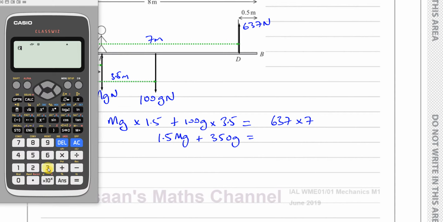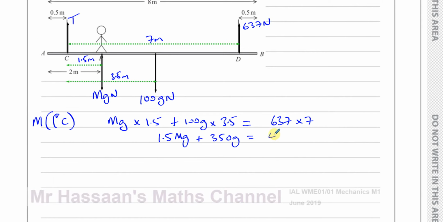So 637 multiplied by 7 gives us 4,459. Now I need to find what m is, so I can subtract 350g from both sides, and divide by 1.5g.